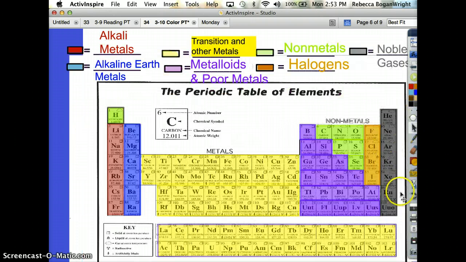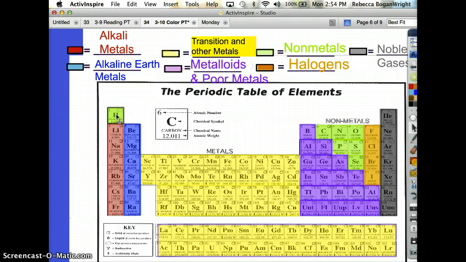So here's what you're going to make your periodic table look like. On OP and IP 44, either at the top or the bottom where you have the most space, you're going to create a key. So let me walk you through this. Your alkali metals are right here in group number 1, except you need to be careful because hydrogen, even though it is in group number 1, is not an alkali metal.